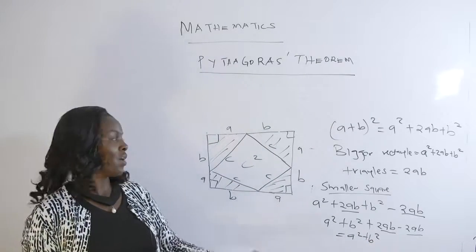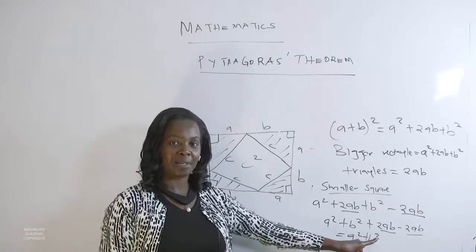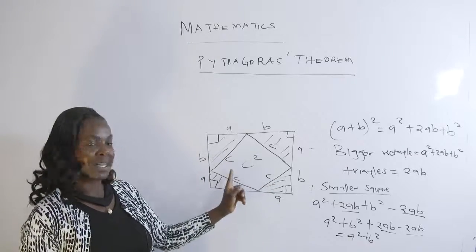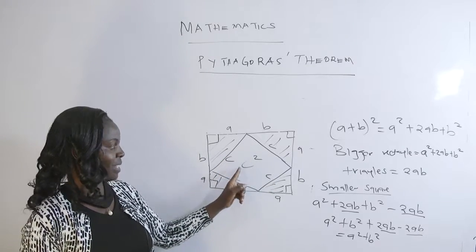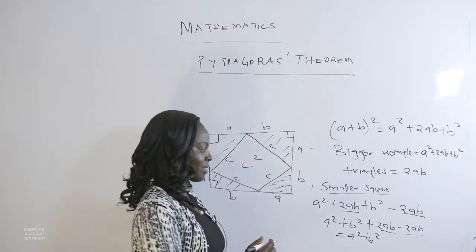The area of the inside square, the smaller square, is equal to a squared plus b squared. And from our dimensions here, which is c, we had earlier calculated and realized that the area of the inside square is c squared.